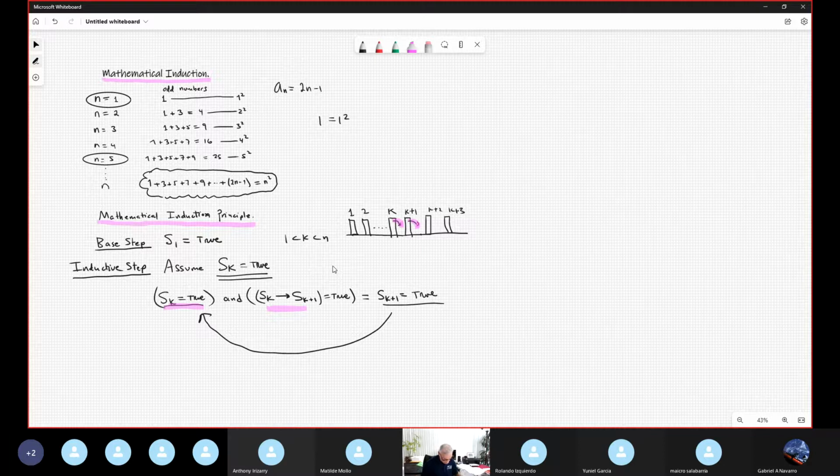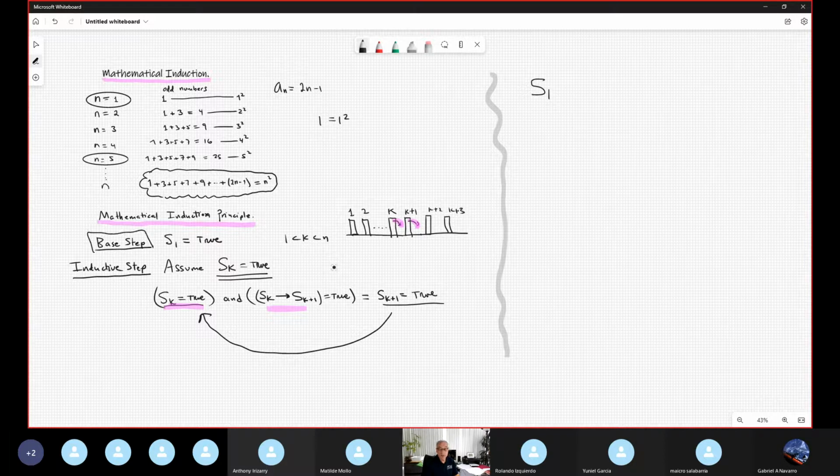Let's go directly to the motivating example, and now you apply that principle, mathematical induction, formally. You start with A1, the base step.